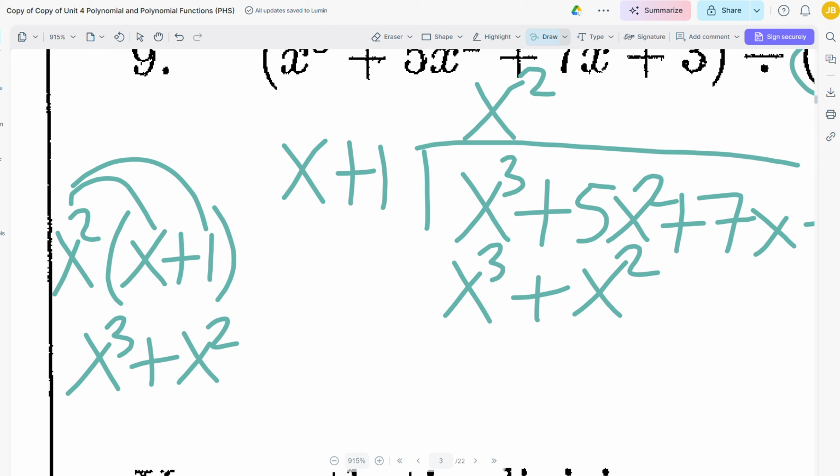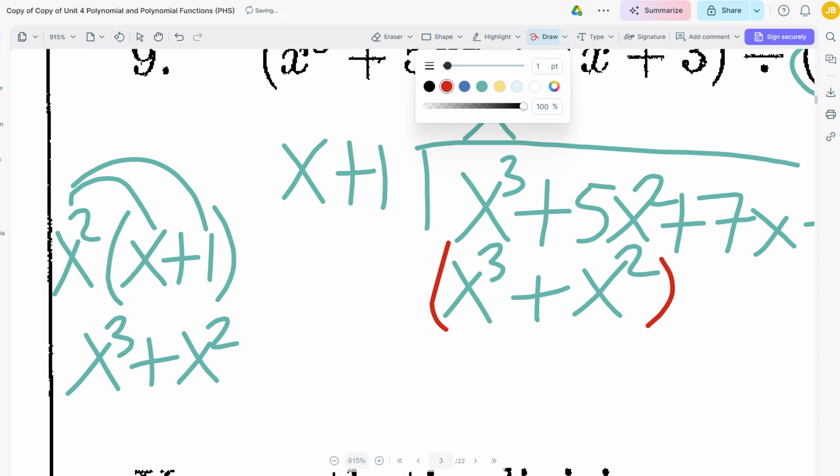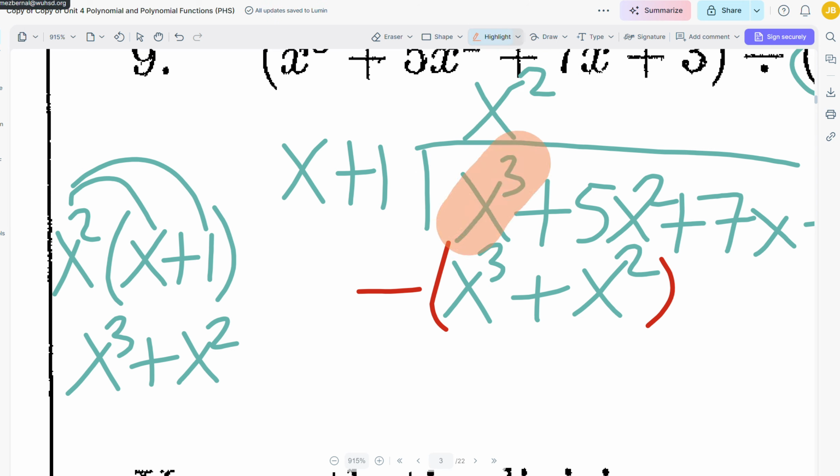And we have to remember, again, the little rules that go along with long division. We're going to subtract, but we can't forget our parentheses. And now it's going to be mindful. x cubed minus x cubed is going to be 0, just like we wanted. They will cancel out.